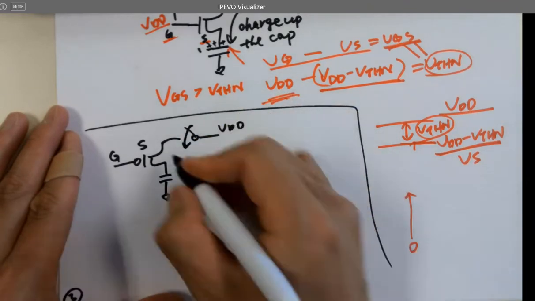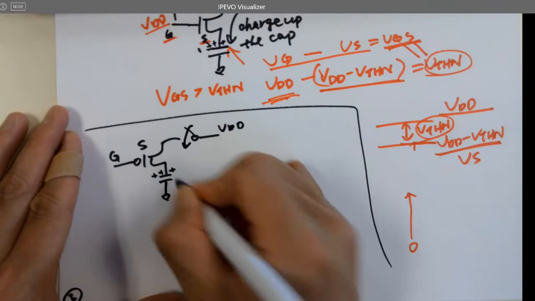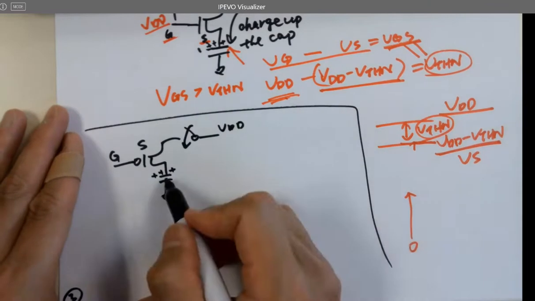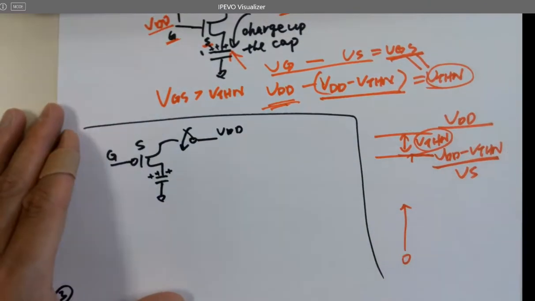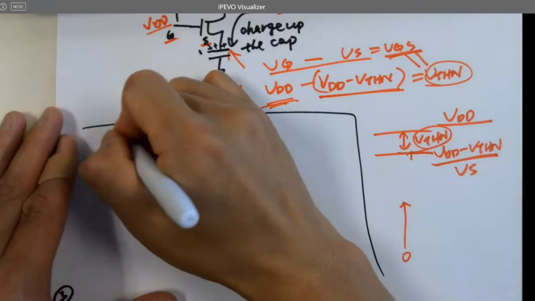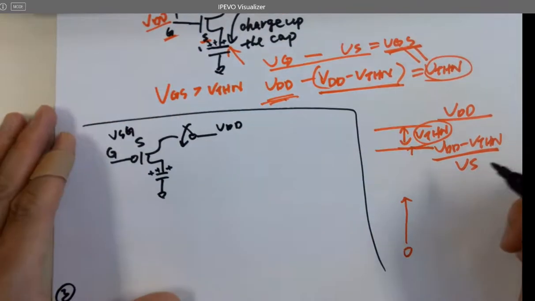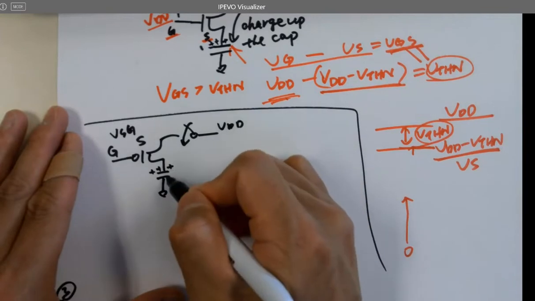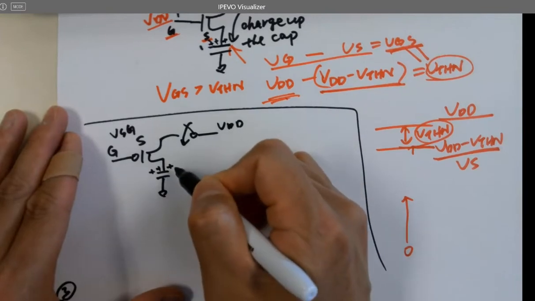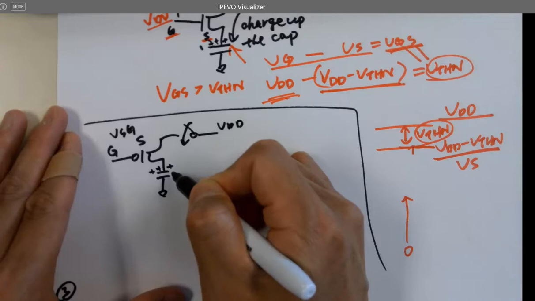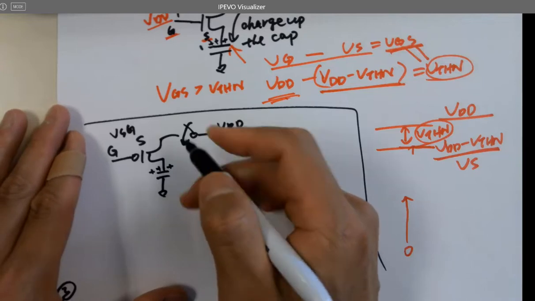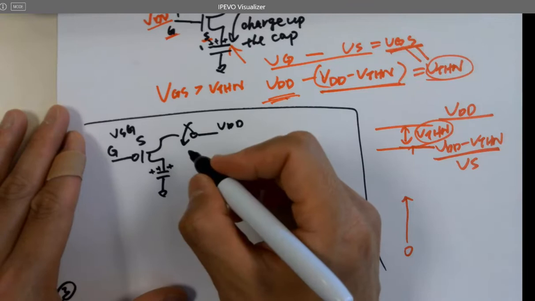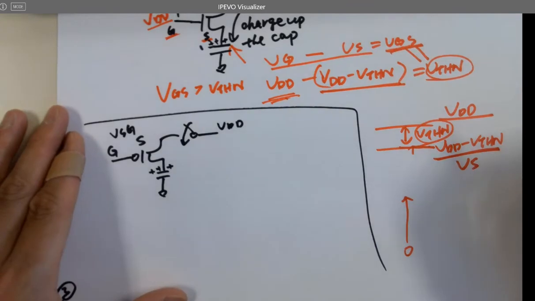Close the switch, start charging up the cap. Initially, the cap has 0 volts on it. Here's VSG. Now close the switch, it starts dumping charges to the cap. Until when? Until VDD, but passively.